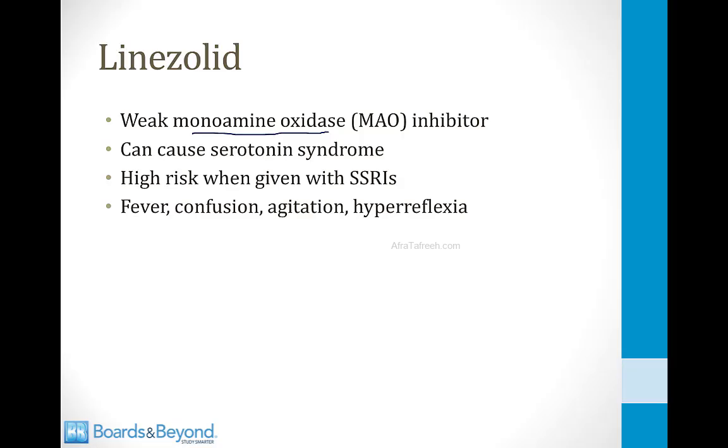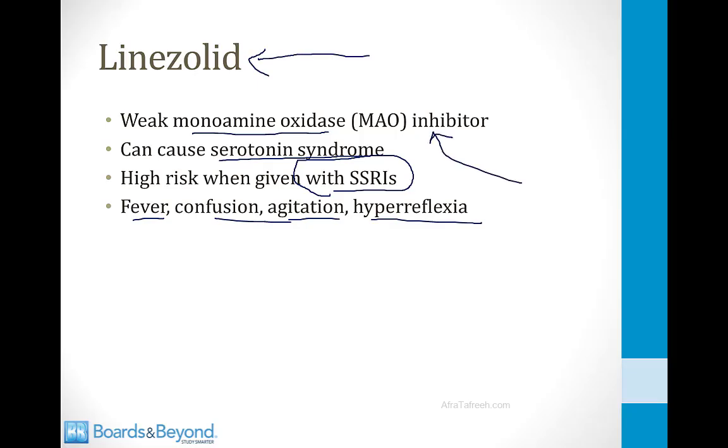This means that it can potentially cause the serotonin syndrome, especially if you give it together with selective serotonin reuptake inhibitors, or SSRIs. And I talk about the serotonin syndrome in the neurology modules, but the symptoms are fever and confusion and agitation and hyperreflexia. And if you see that happening after someone's been administered linezolid, it's because of MAO inhibition.